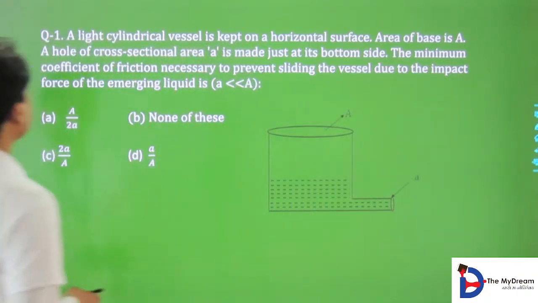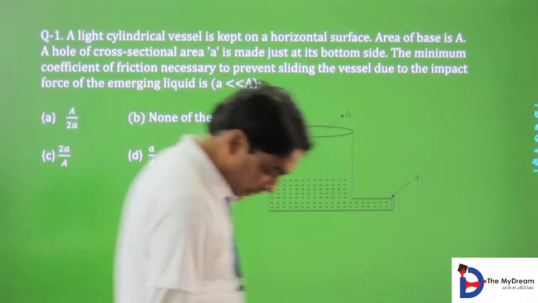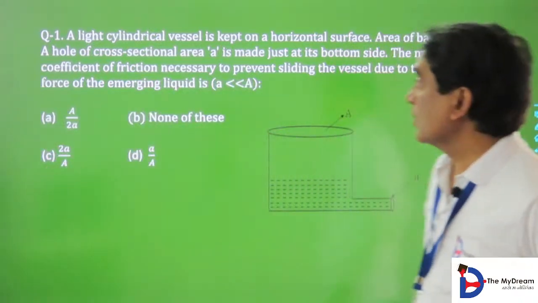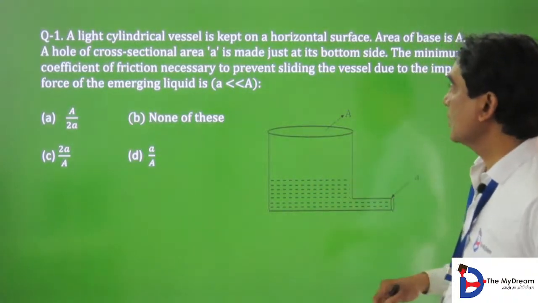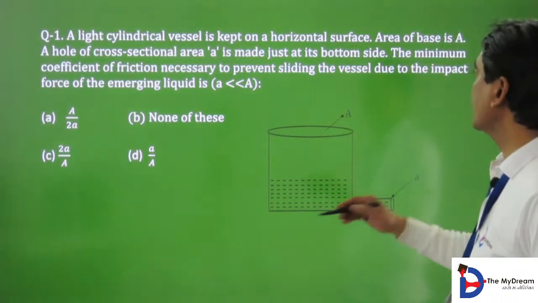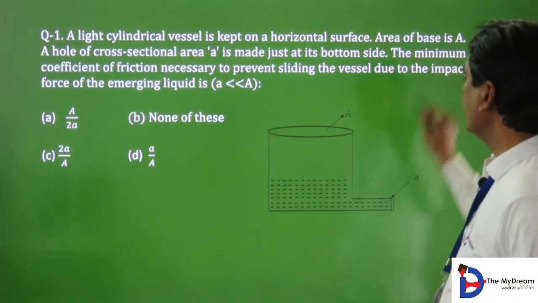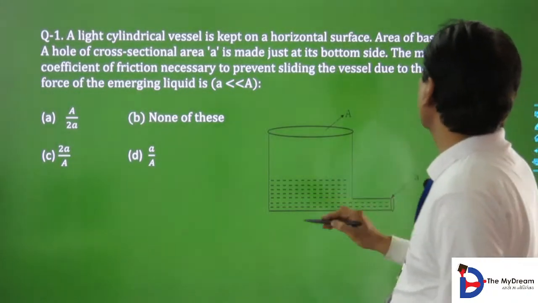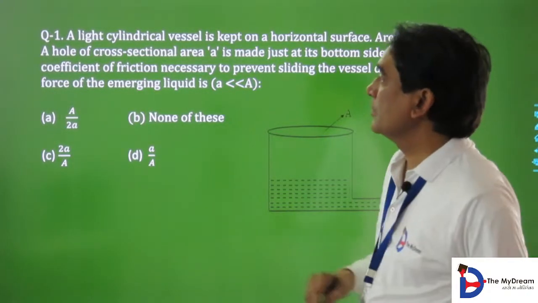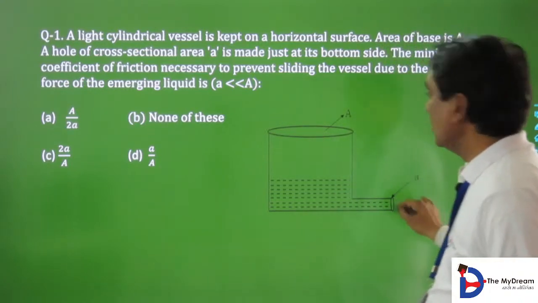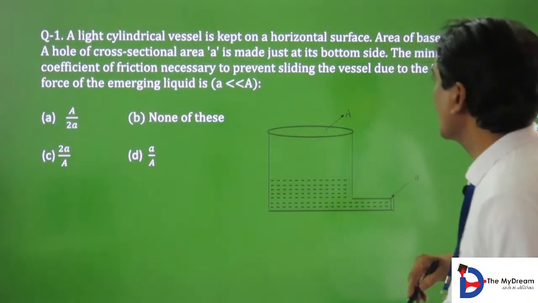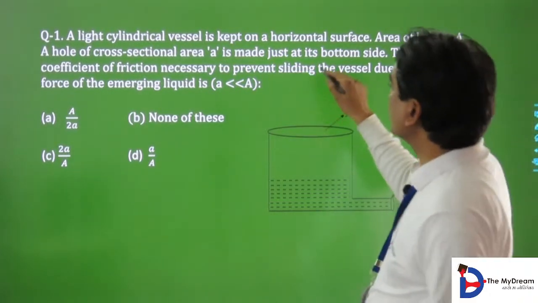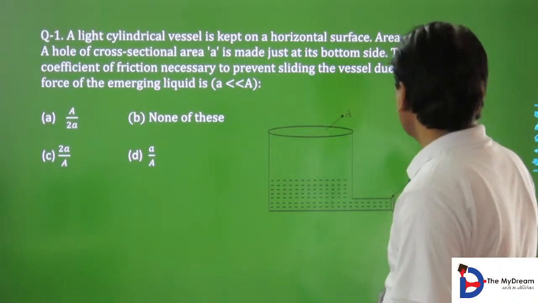A light cylindrical vessel is kept on a horizontal surface. The area of the base is A, and a hole of cross-sectional area small a is made just at the bottom of the side.